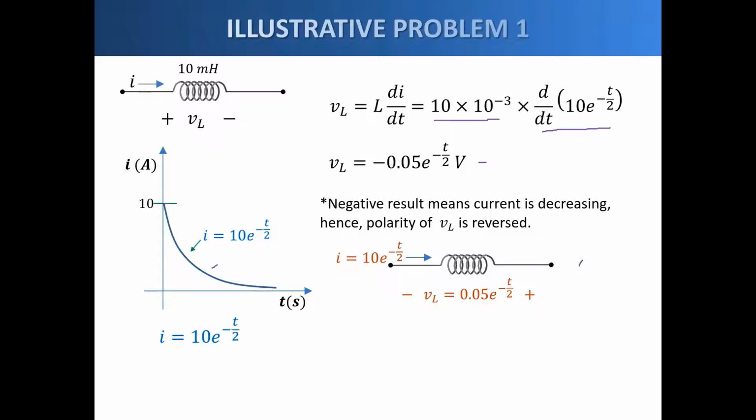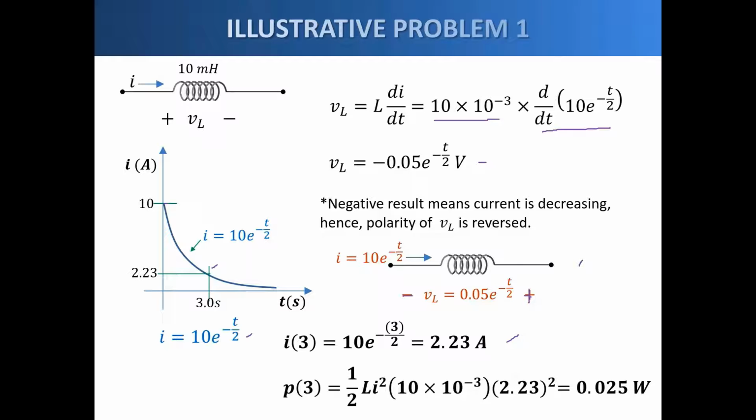Okay, so the negative is facing the current where it enters, and the positive is on the other side. To get the voltage, we simply substitute t equals 3 seconds here, so we get this answer. And for power, we use the formula 1/2 Li squared, and that should give us this answer.